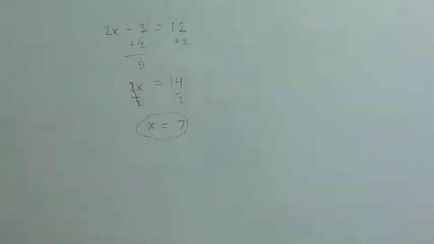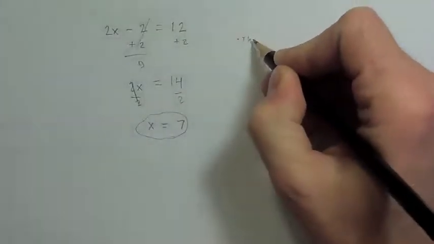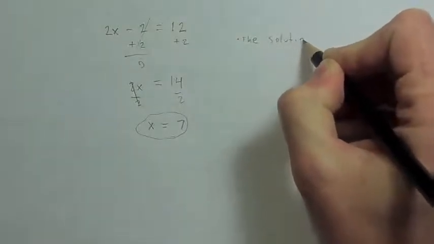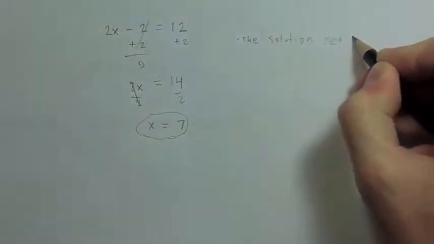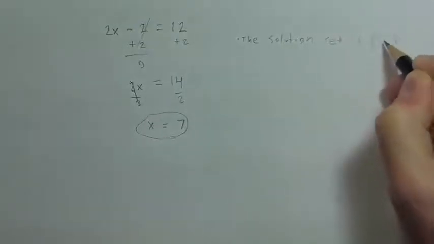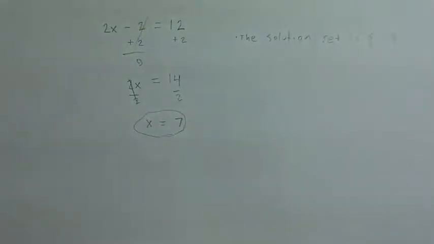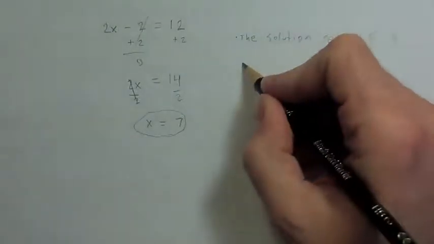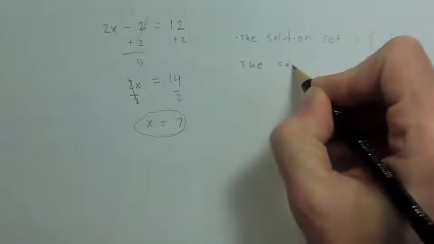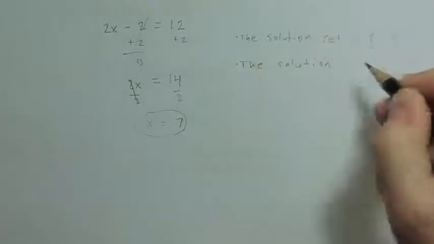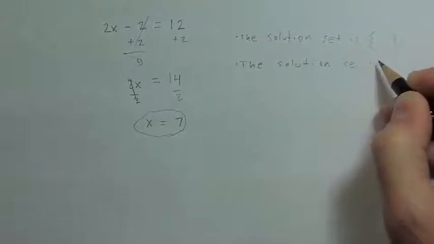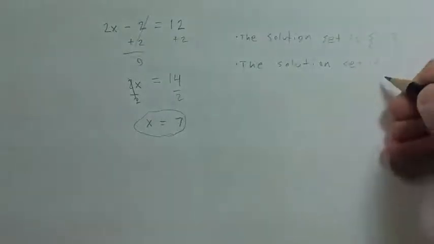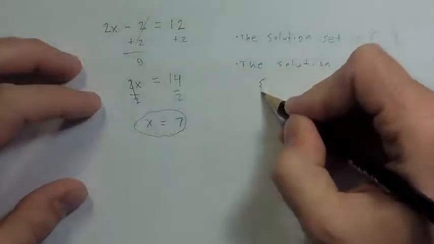Now, the one thing I want to talk about here, and this is one of the subtleties, is when you're doing your homework, the problem sets are going to give you a choice. The first option says the solution set is, and it will have brackets and a little blank space for you to put something in. The next option is the solution set, and it gives you this weird looking set here.